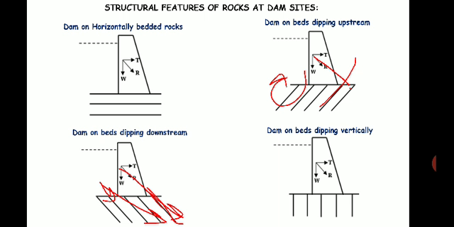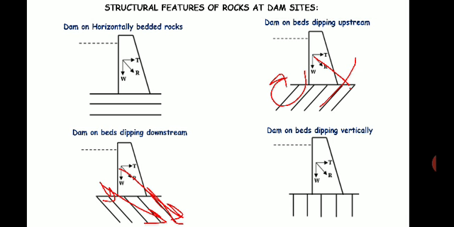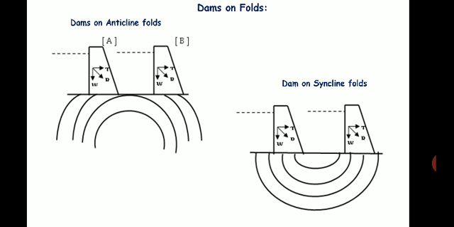So these are the different structural features when the rocks are horizontal and inclined. In inclined we have seen the different cases like beds dipping upstream side, beds dipping downstream side, and the beds are vertical. Then next is dam on folded rocks.